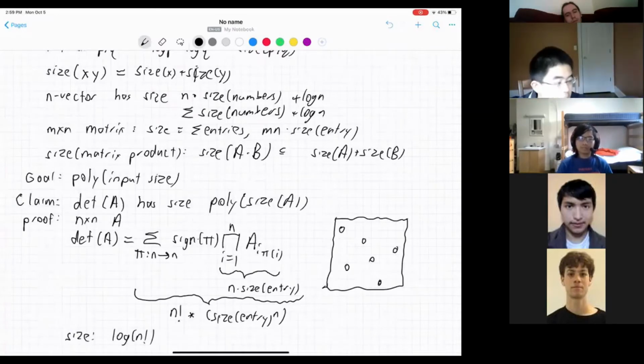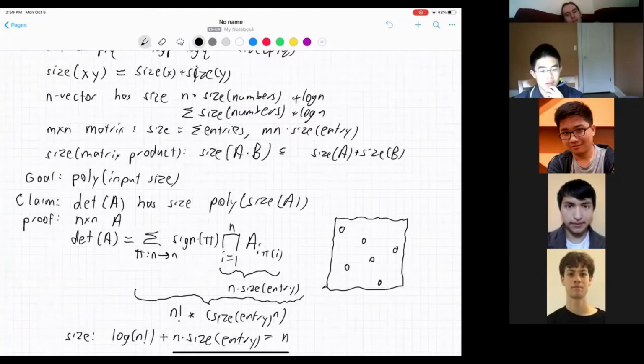So the size is the log of n factorial plus n times the size of an entry, which is equal to, what's the log of n factorial? N log n. That's Stirling's approximation. We have Stirling's approximation to give us that.